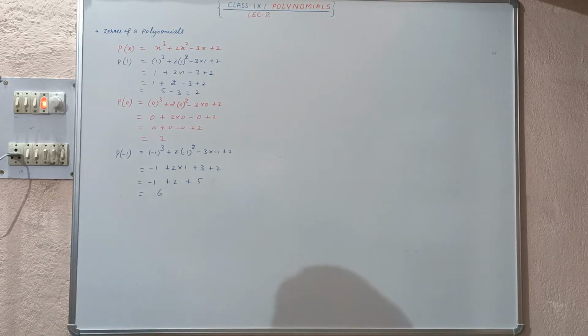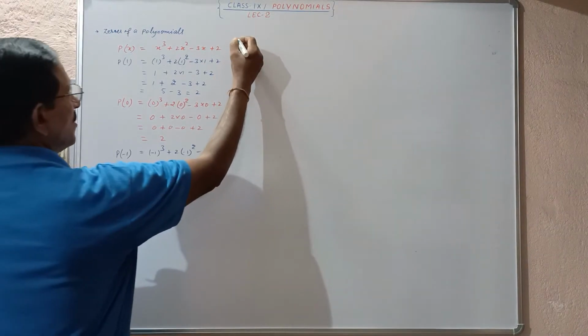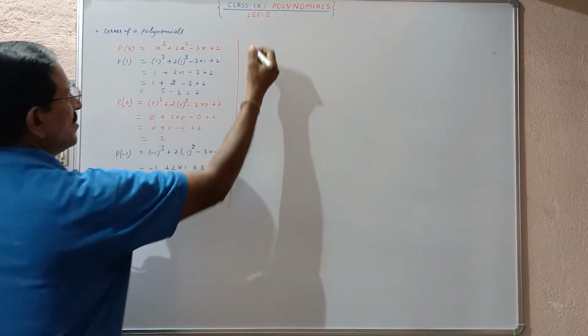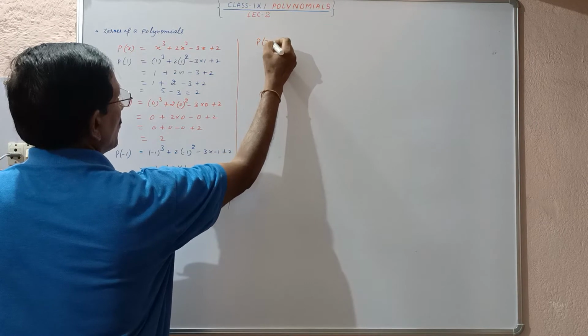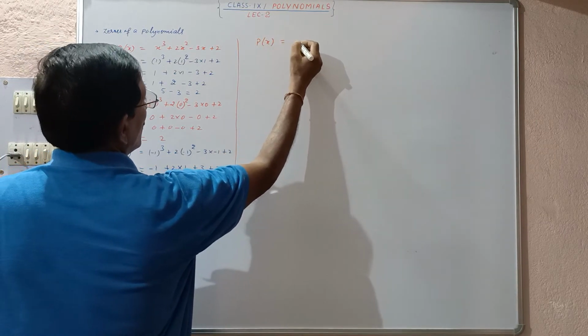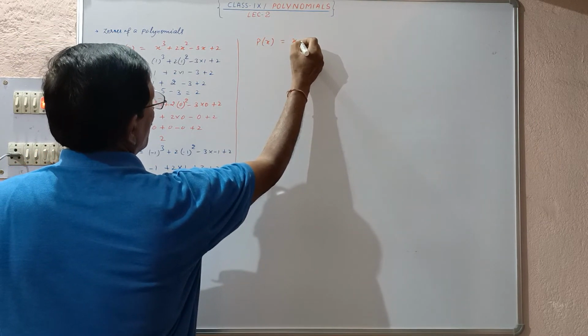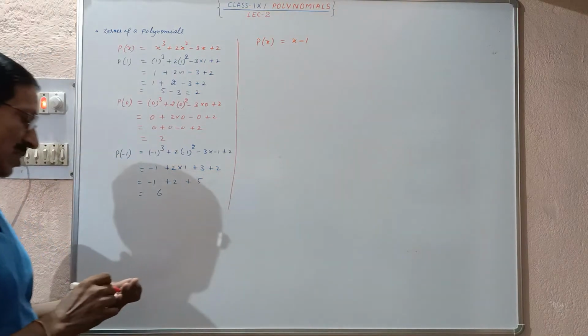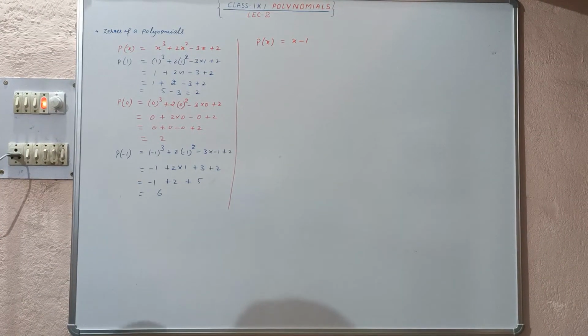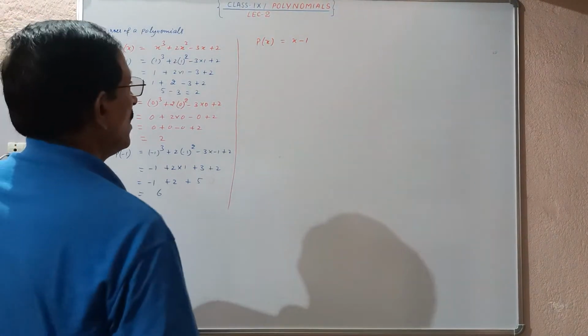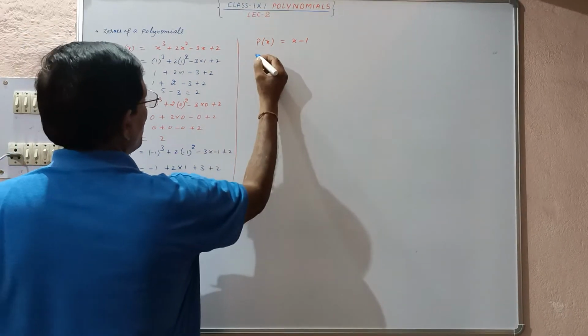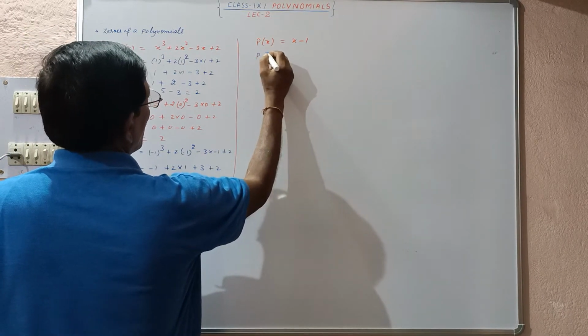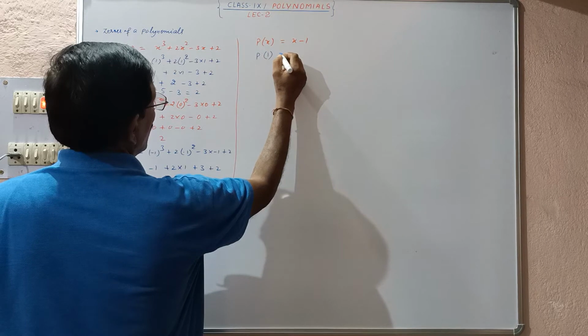Now let us consider the next polynomial, p(x) equal to x minus 1. We consider the other polynomial p(x), that is x minus 1. Now we find p(1). What will be the value of p(1)?